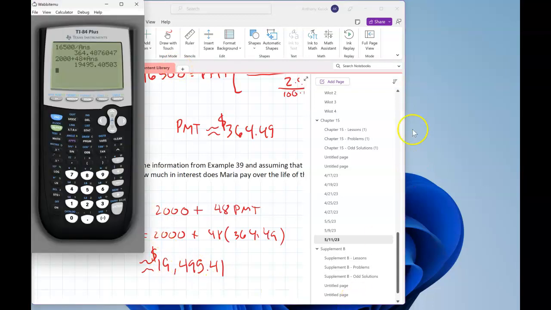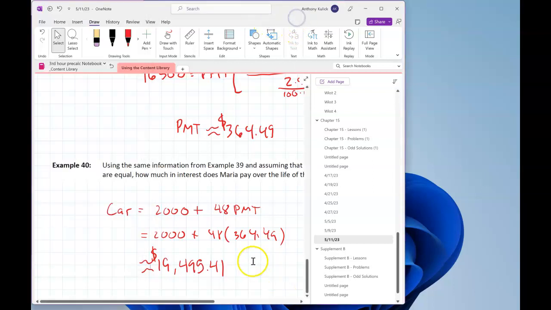Now I used the answer there. I probably should have just said 2,000 plus 364.49. Which makes sense, right? If you're paying an extra penny that many times. So that's the difference. Okay, so that's not a big deal.